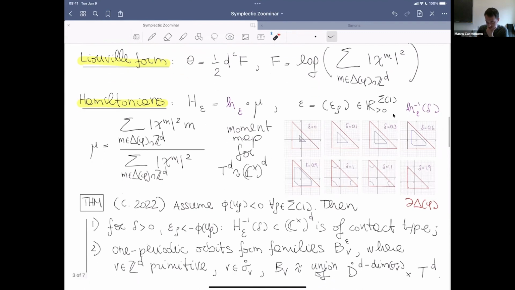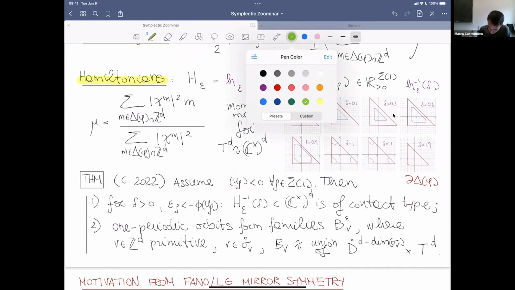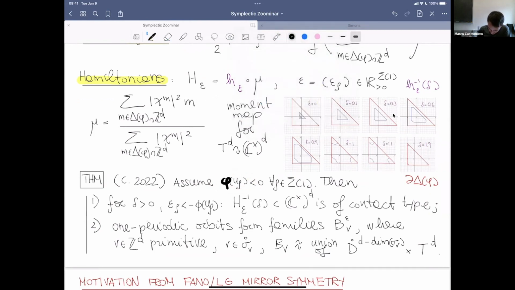So the theorem is really that, if I changed notation, sorry, I called this phi earlier. So if phi is negative along the rays of the fan, then for any level set of this polyhedral Hamiltonian, and for epsilon small enough, the level sets are hypersurfaces of contact type.